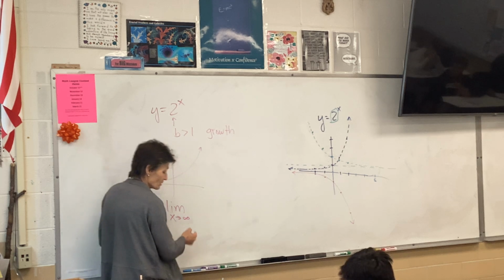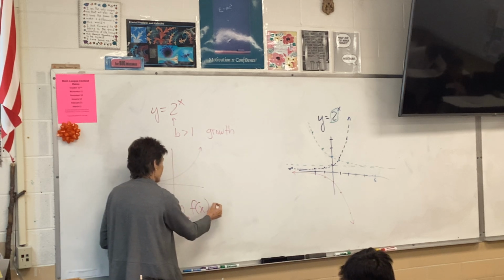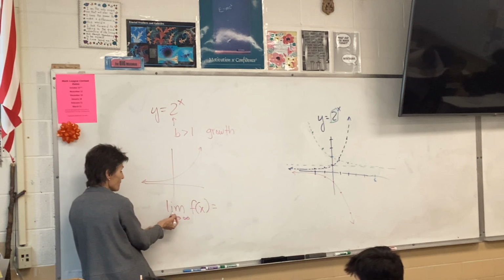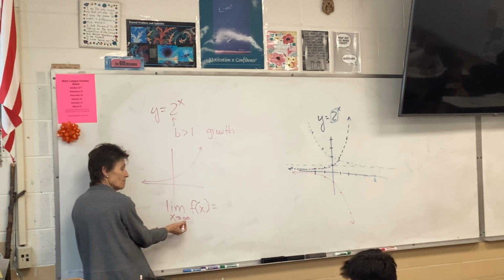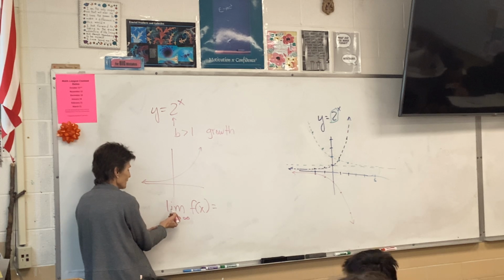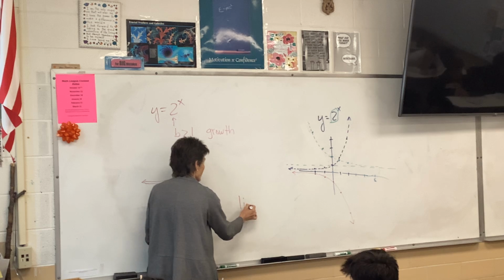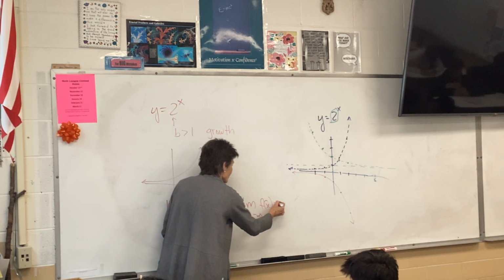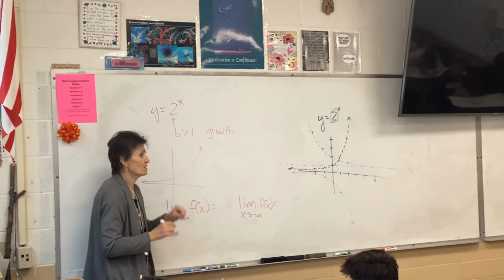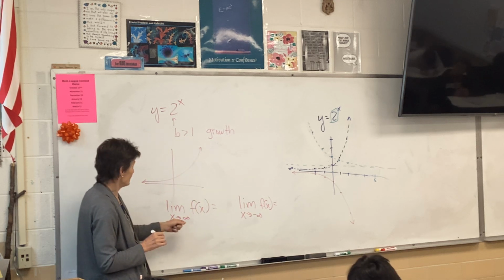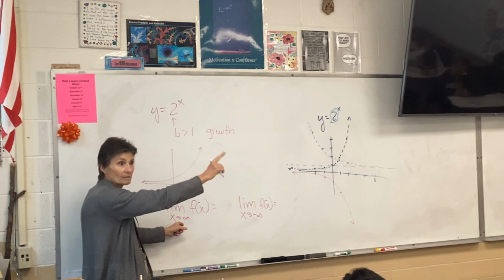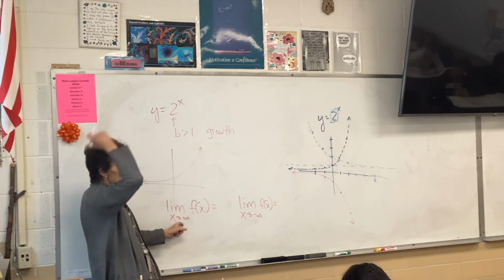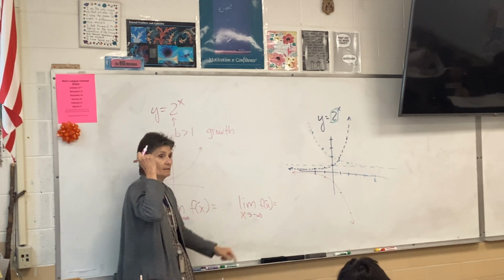So we're going to talk about the limit as x approaches infinity, and we're going to talk about the limit as x approaches negative infinity. This is our limit notation for end behavior. Positive infinity, that's the right end. Negative infinity, that's the left end.